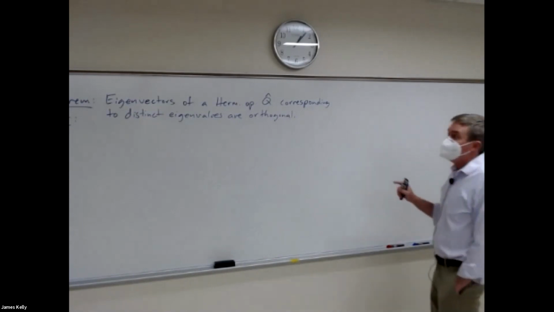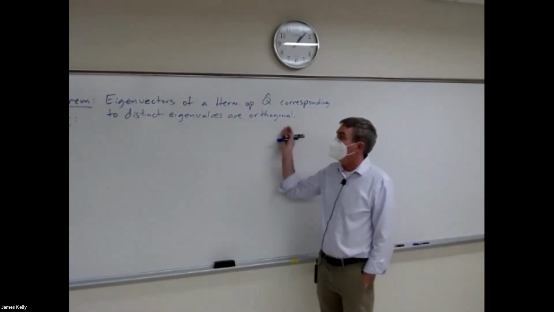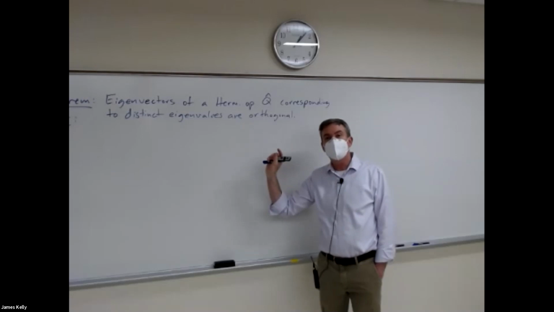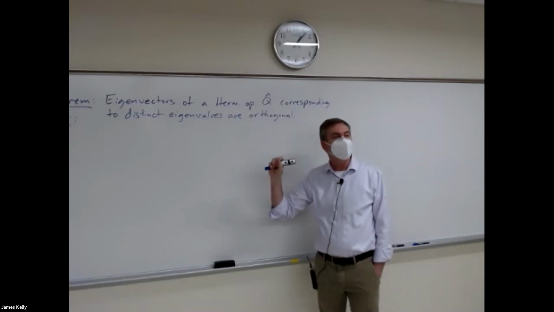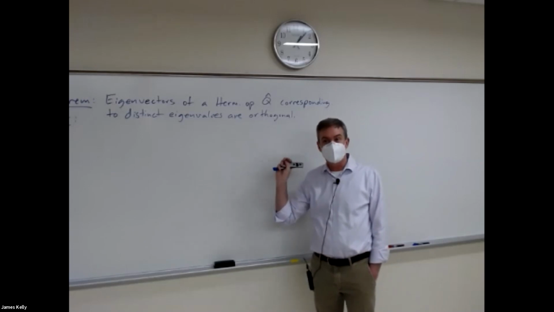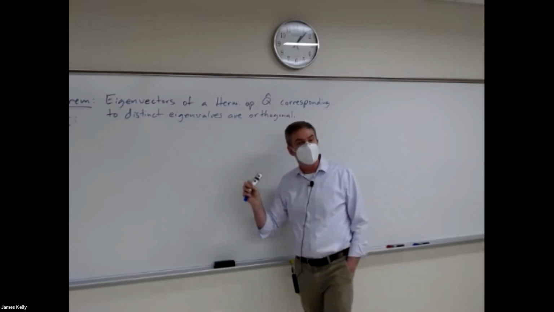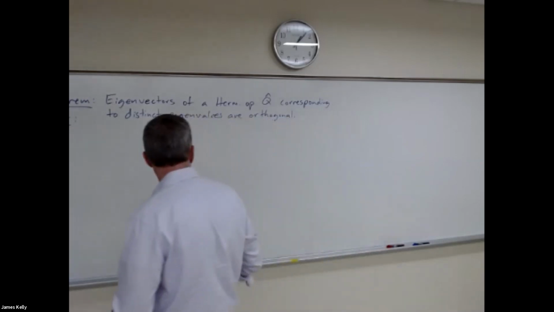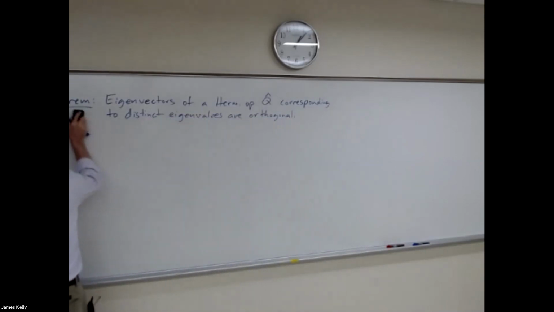We verified back then, for the first couple of cases, that the inner product of psi 1 with psi 2 was 0, and the inner product of psi 1 with psi 3 was also 0. I think those were the homework. So here we're going to show that this is true in general.